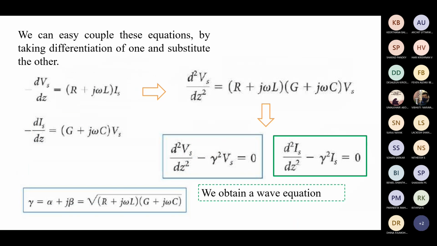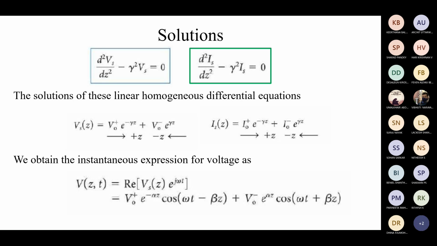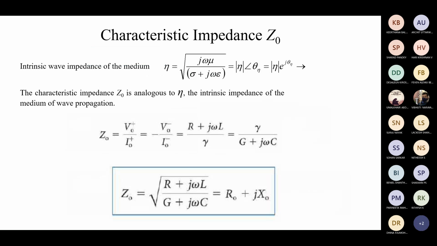This we already discussed, and all these wave propagations are defined in terms of the traditional alpha and beta concepts, like attenuation constant and phase constant. Later it also describes the characteristic impedance or wave impedance of the transmission line.